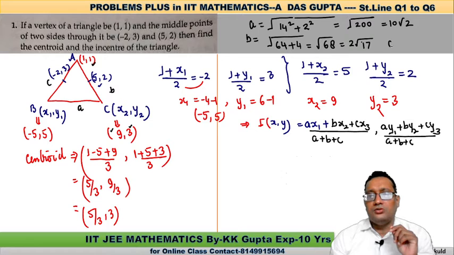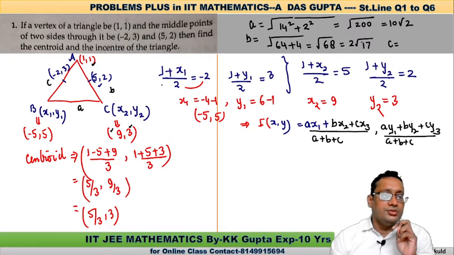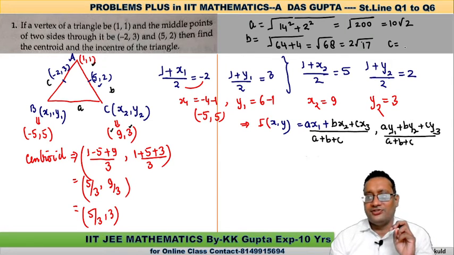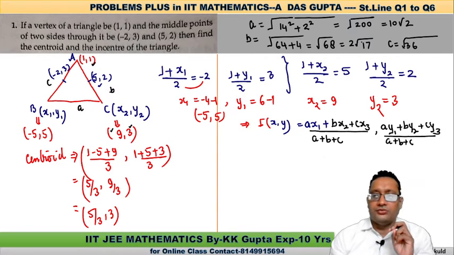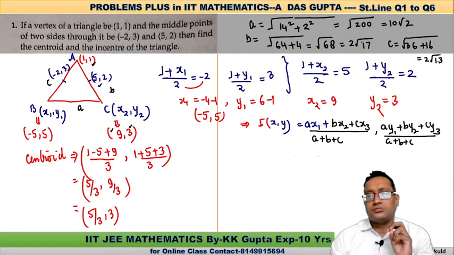Now we'll calculate the value C. C length will be 1 minus 5, that is 6, 36, plus 5 minus 1, that is 4, 16. So this will be 52, 2 root 13.